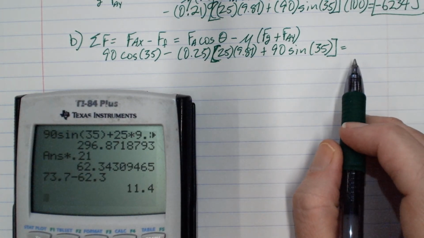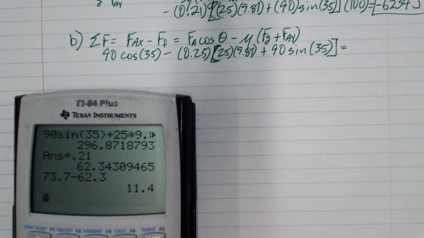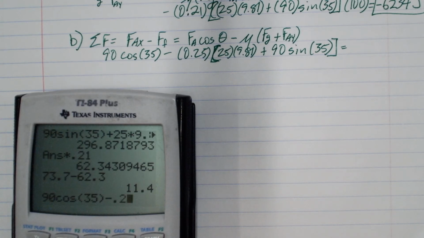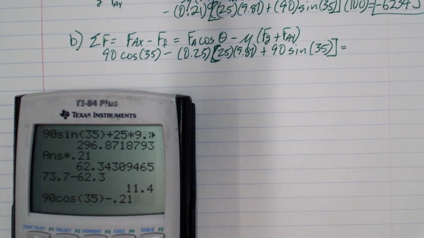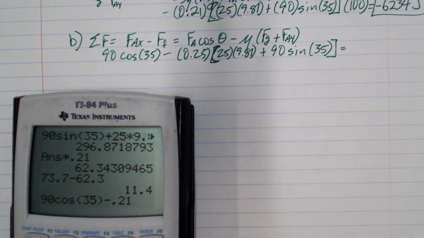So that should be 11.4. I'm going to type it in again. 90 cosine 35. Look at that. I'm a human. I screwed something up. Minus 0.2. Oh, what is my mu? It's 0.21. Oops. Okay, there we go. That's what I did wrong. 0.21 times, parentheses, 25 times 9.81 plus 90 sine 35.